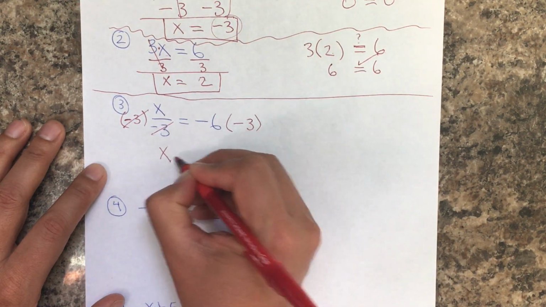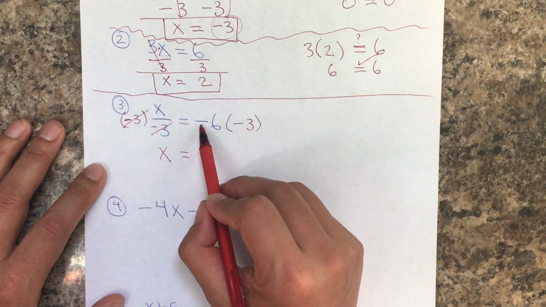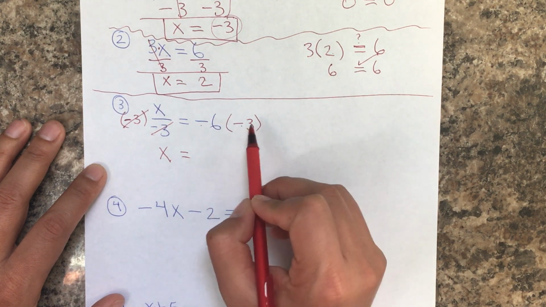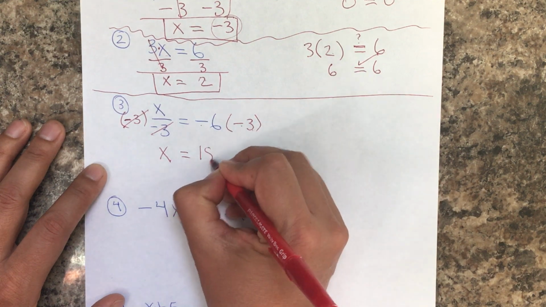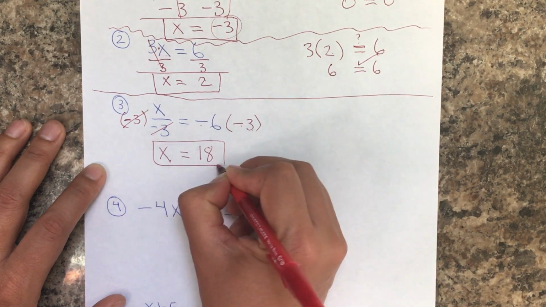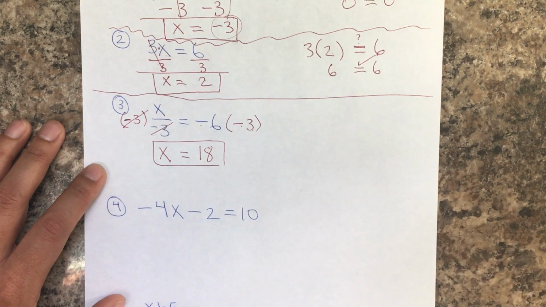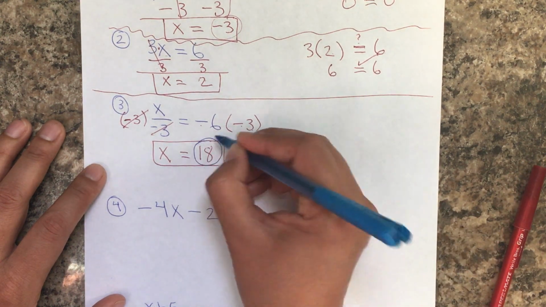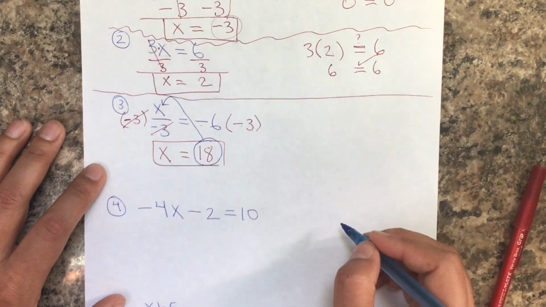I have x is equal to negative times negative, positive. 6 times 3 is 18. Okay, so that's the answer. For the checkup test, all you have to do is replace this 18 right there.